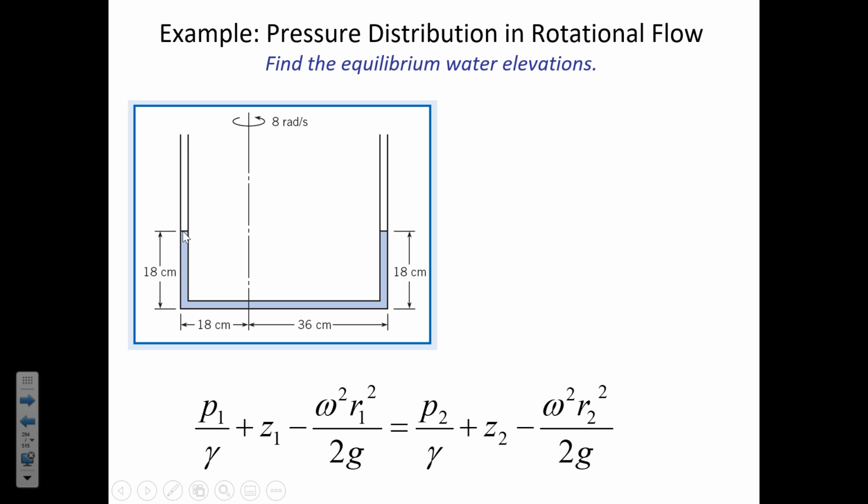All right, so we know R1 and R2, we're good there. We know P1 and P2, we're good there. Omega is given, and it's even in radians per second, so no adjustment necessary. But in the equation that we're going to have remaining, Z1 and Z2 are both unknown.